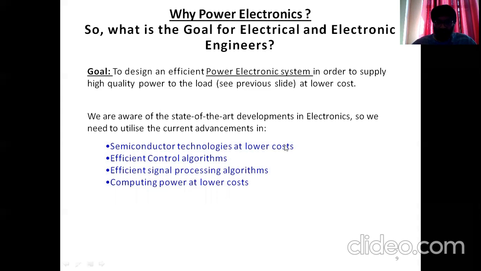Next is efficient control algorithms. For many years, people have been doing research and have developed efficient control algorithms, which we can run on computer systems or small integrated chips, and we can get efficient outputs. So we can make use of all these efficient control algorithms also to achieve this goal.